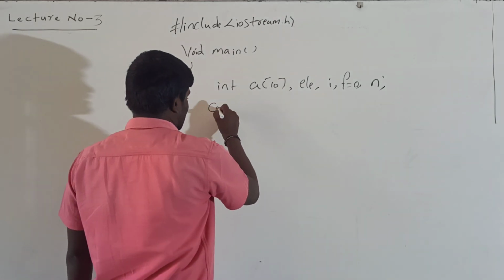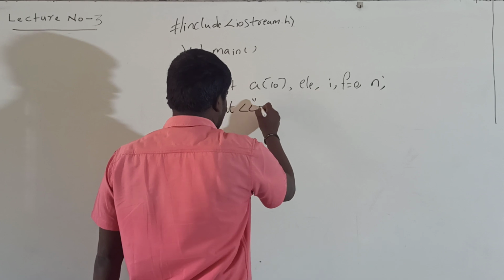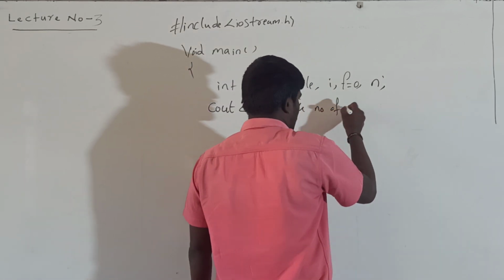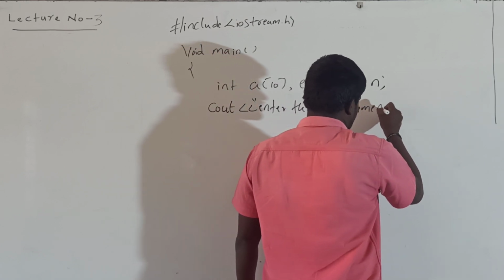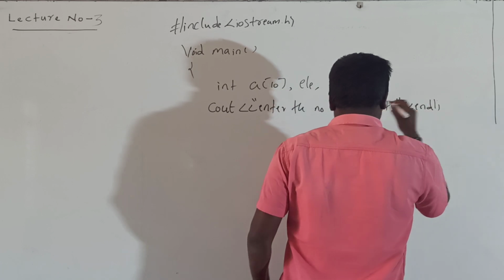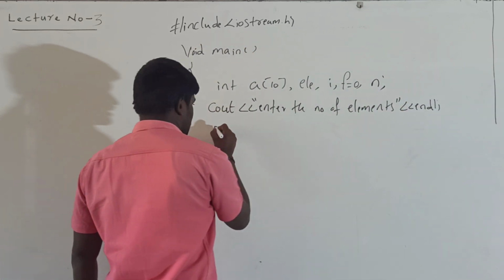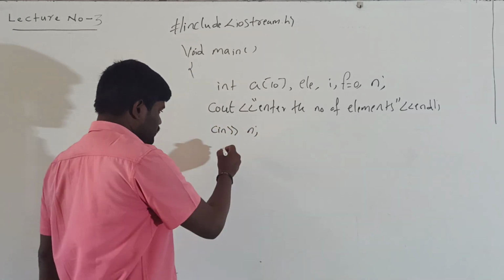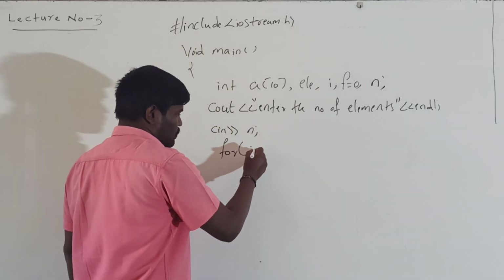Okay, so next is cout, enter the number of elements. Next, cin n. So next is for loop, compulsory.